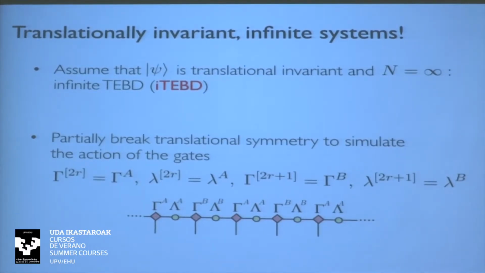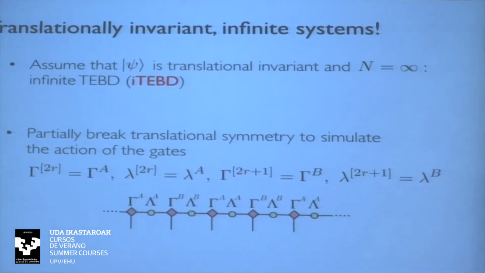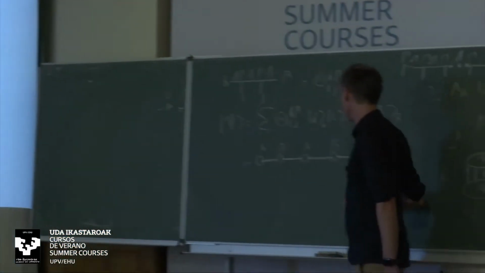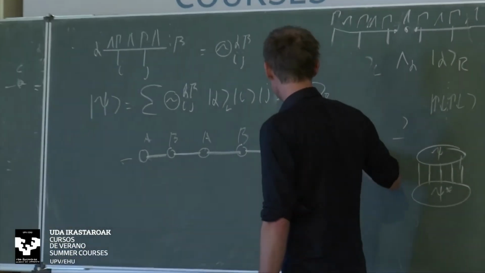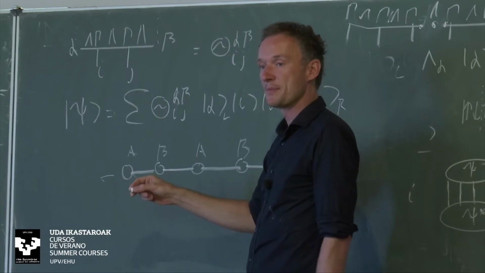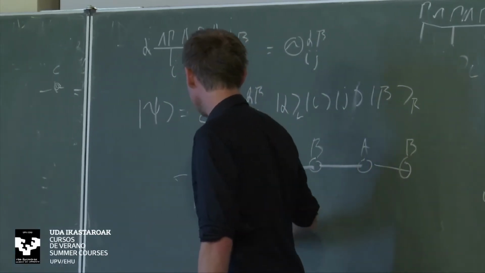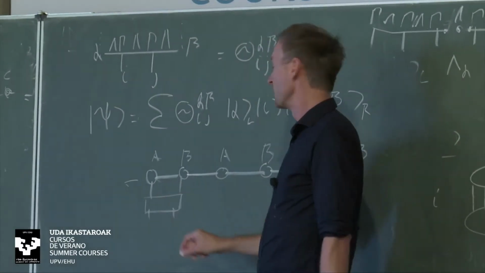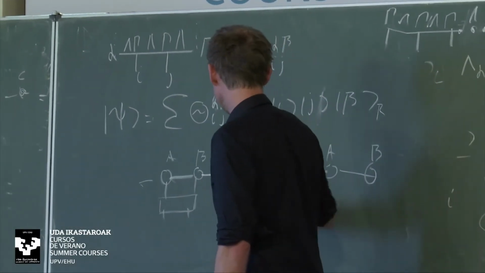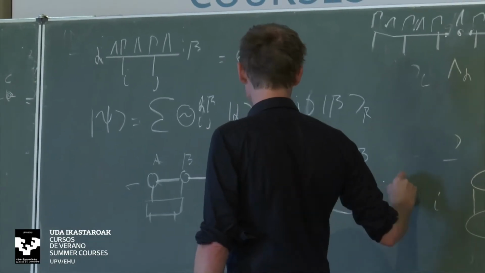For this, let's assume that we're starting from a state that is translation invariant with a particular unit cell, so we have AB, AB, AB, and we are performing exactly this kind of algorithm, right? So we would first do an update here. We do then an update here, then an update here, and so on.